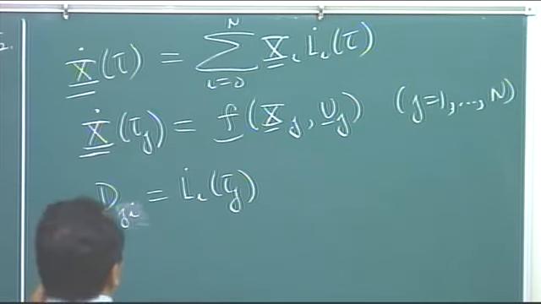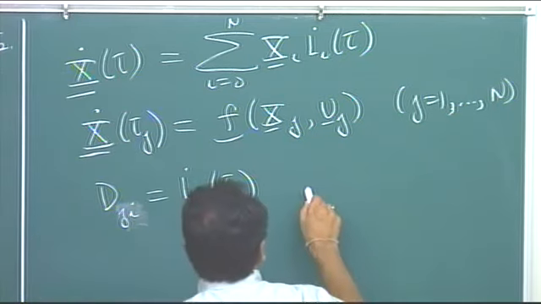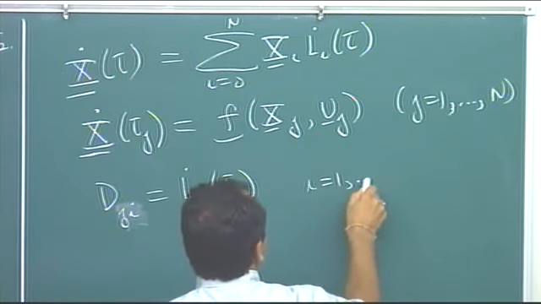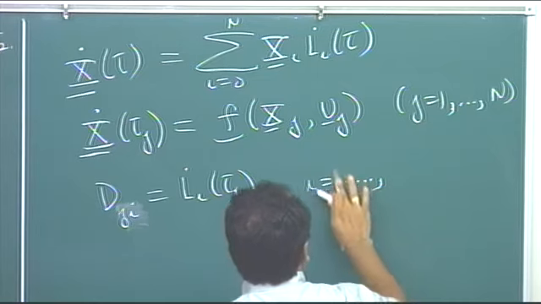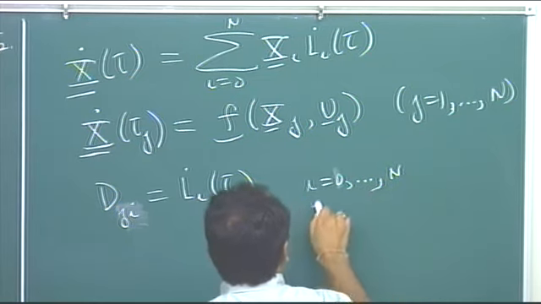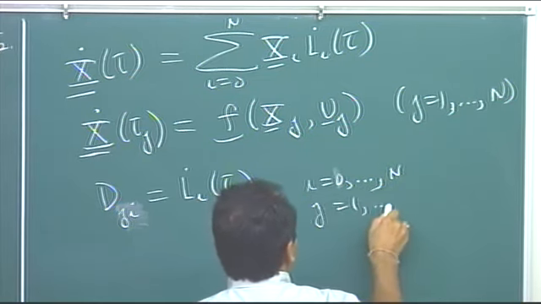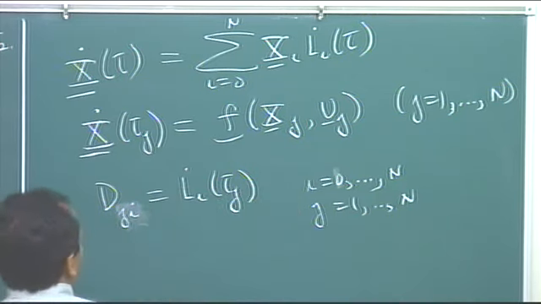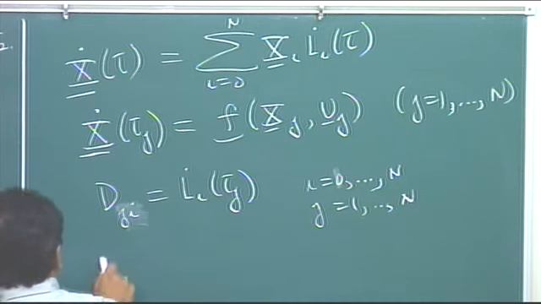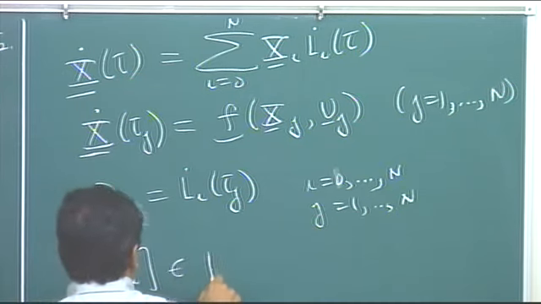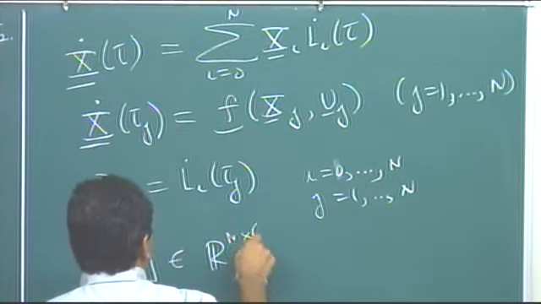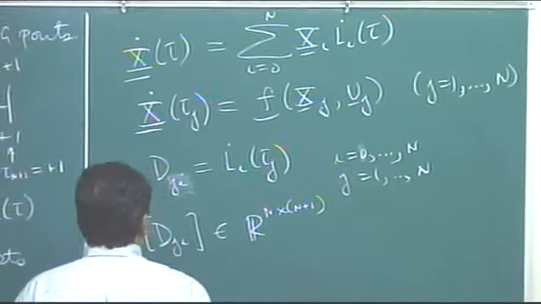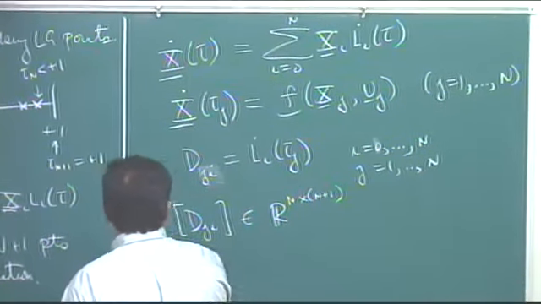And what we got was this matrix where i went from 0 to n, and j went from 1 up to n. So this matrix that we construct, Dji, if I put it in matrix form, is a matrix of size n by n plus 1. I called the whole matrix D.